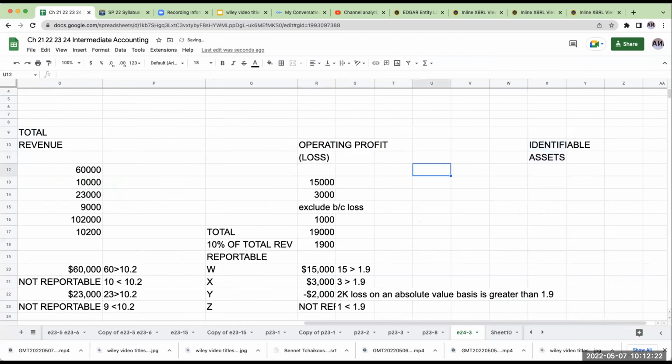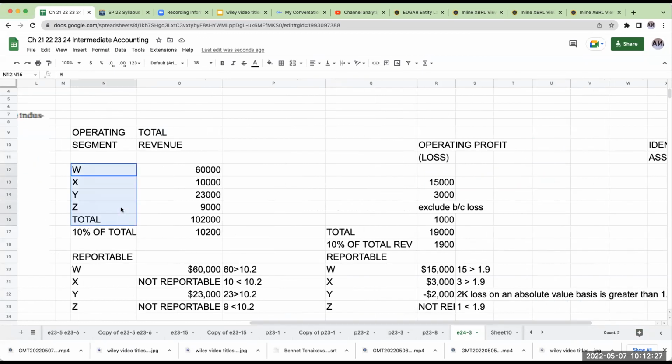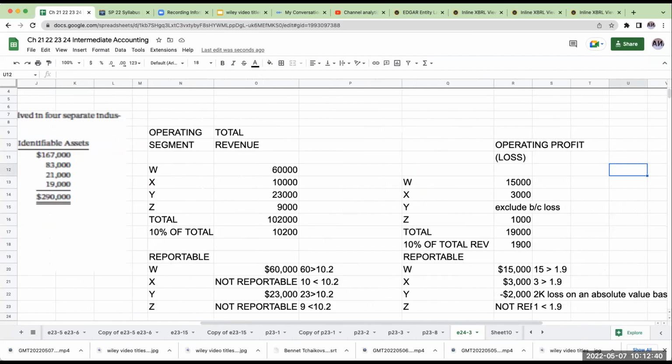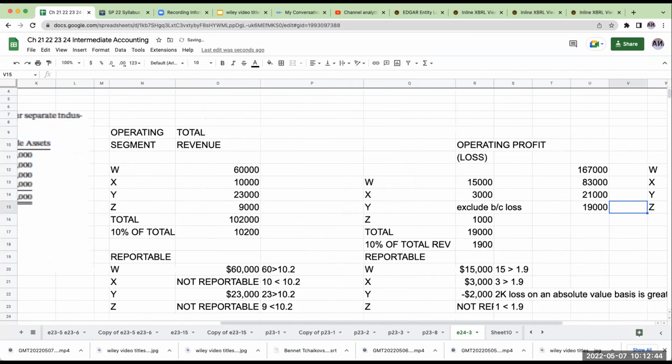Let's now take a look at our operating segments again. For the identifiable assets test, we had 167,000, 83,000, 21,000, and 19,000.